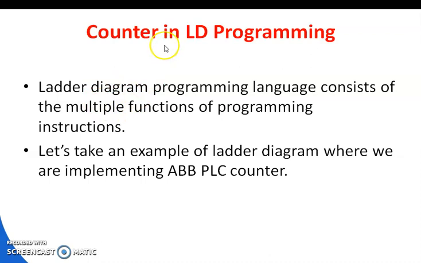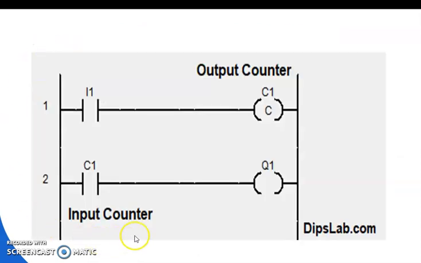Next, the ladder counter in ladder programming. The ladder programming diagram language consists of multiple functions of programming instructions. Next, let us take an example of ladder diagram where we are implementing an AB or a PLC counter. This one is the connection diagram of the PLC counter. This is input counter 2, input counter 1.